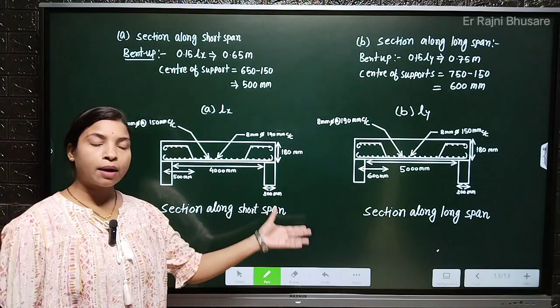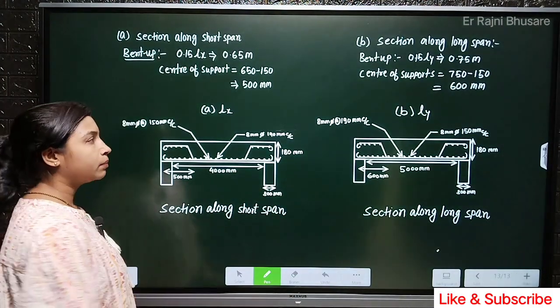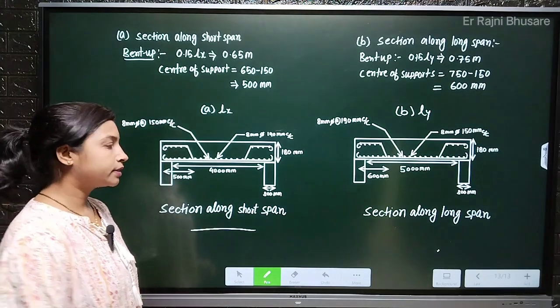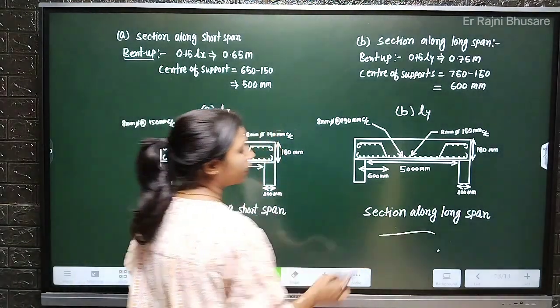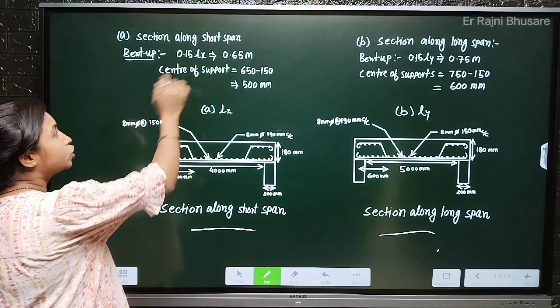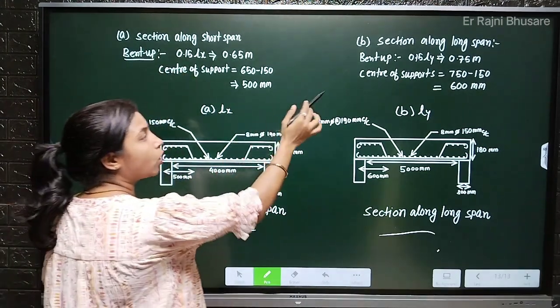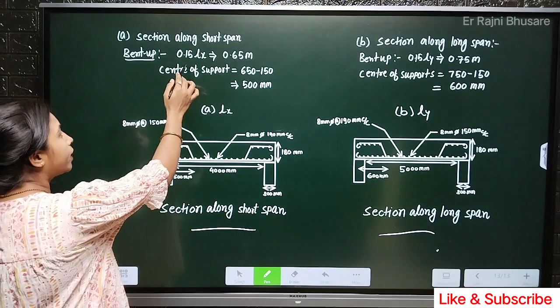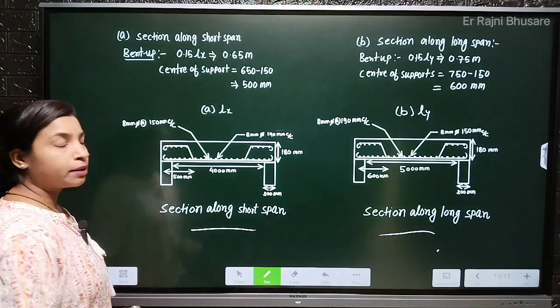And after that our next step is, we have reached the diagram portion. So it is our two-way slab, Lx and Ly, with the section along the short span and the section along the long span. And here we will also calculate the bent up bar. By thumb rule, 0.15 Lx, we calculate the bent up bar.